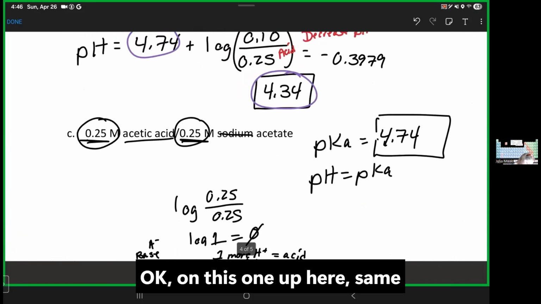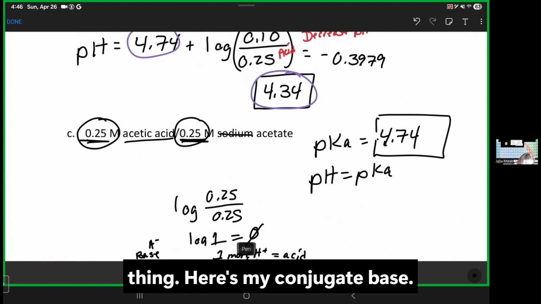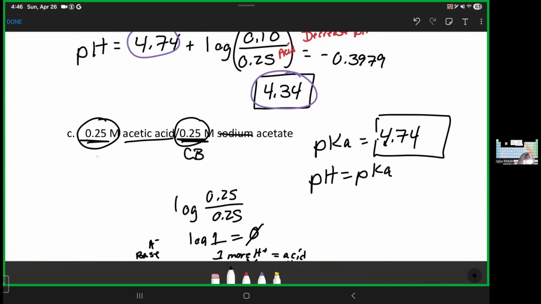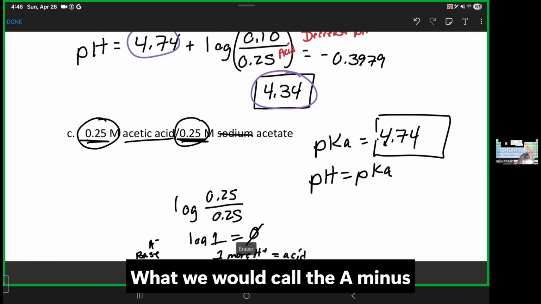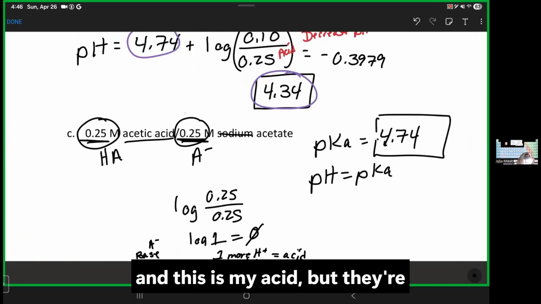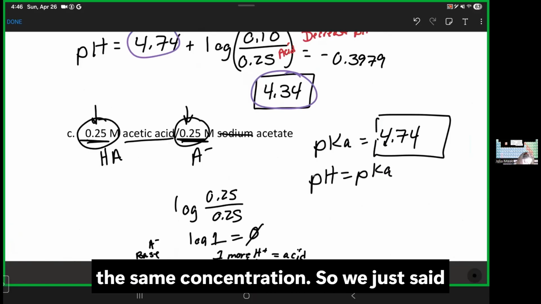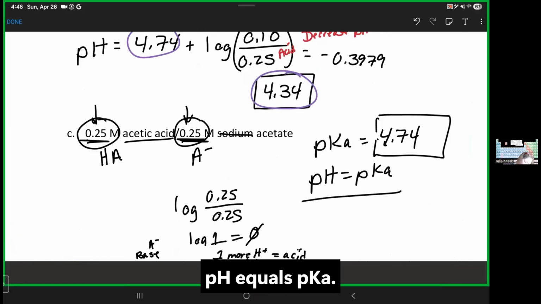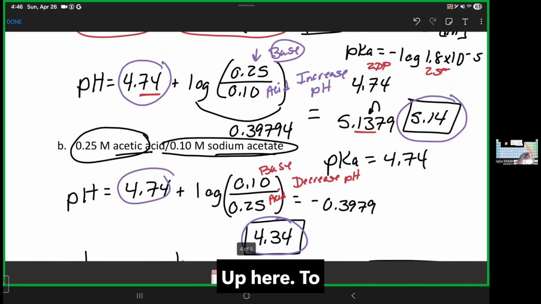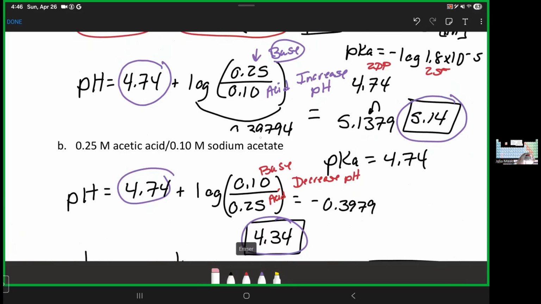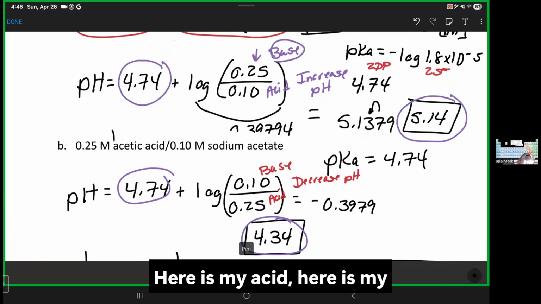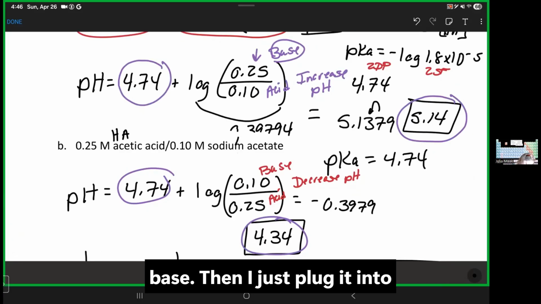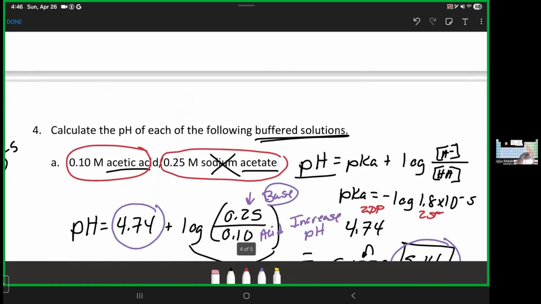Okay, on this one up here, same thing. Here's my conjugate base, what we would call the A minus, and this is my acid, but they're the same concentration. So we just said pH equals pKa. Up here, to identify everything, here is my acid, here is my base, then I just plug it into the Henderson Hasselbalch.